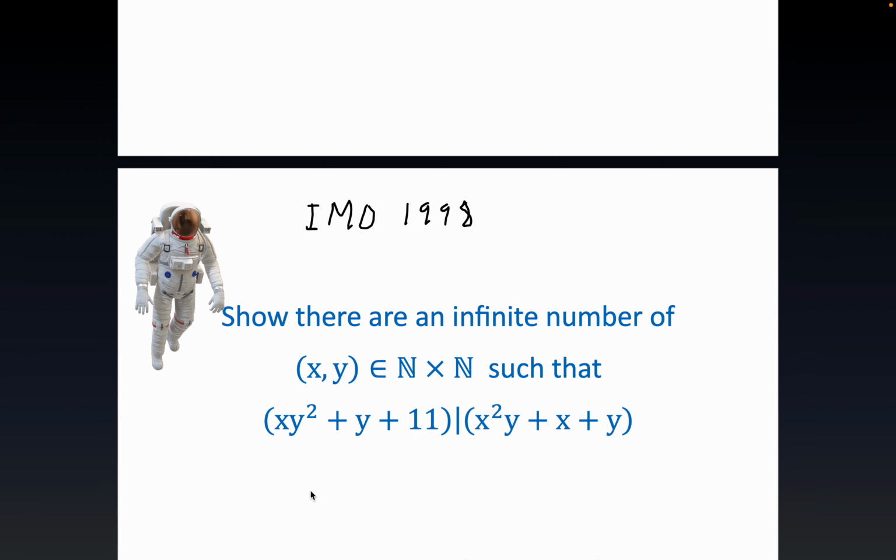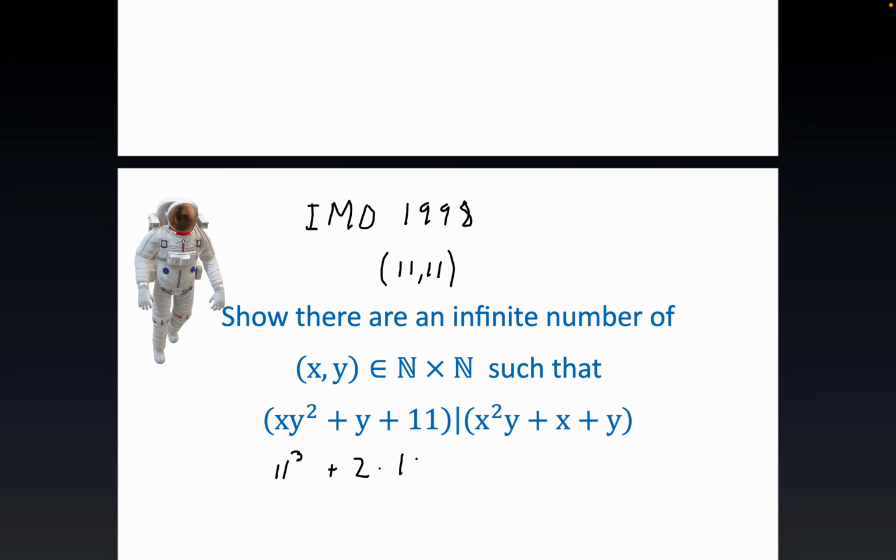Now, one solution is fairly clear by inspection. The ordered pair, and we're talking about the Cartesian product of positive integers, folks. So 11, 11 is a solution almost by inspection, because if you put an 11 here and 11 here, you get 11 cubed, and then you get plus 2 times 11 right here.